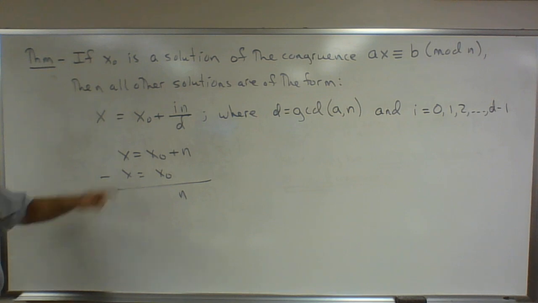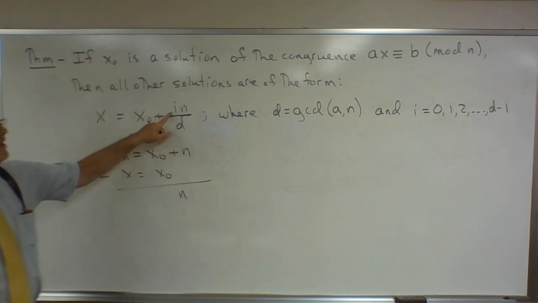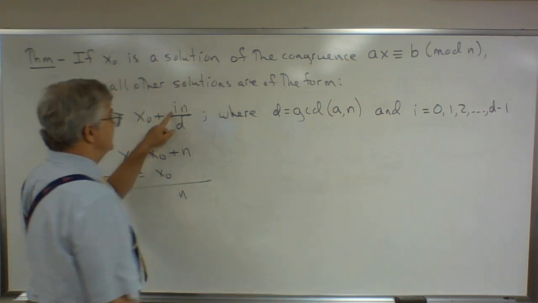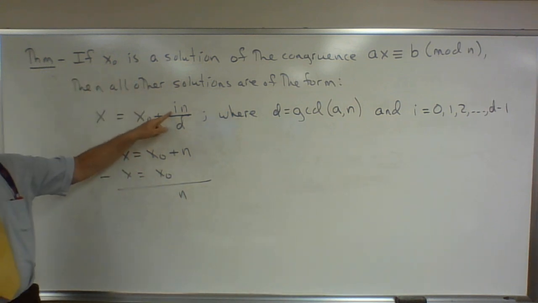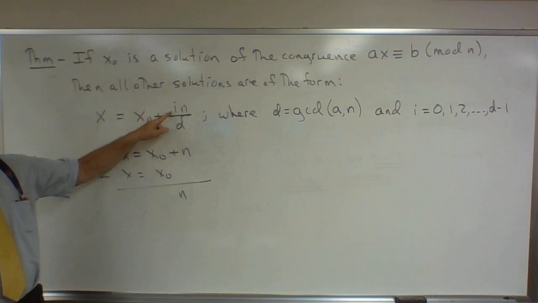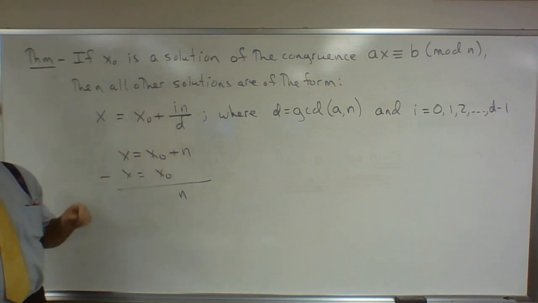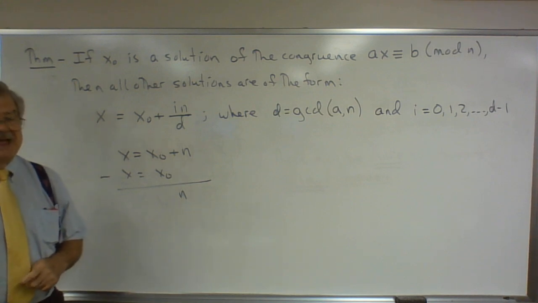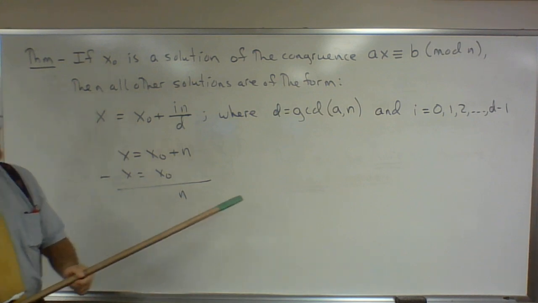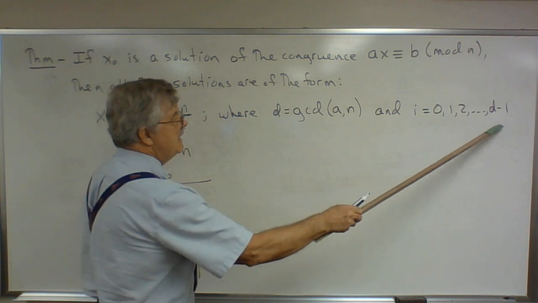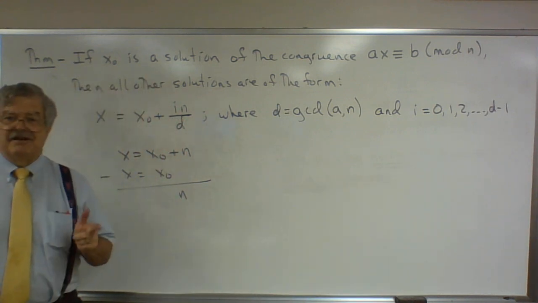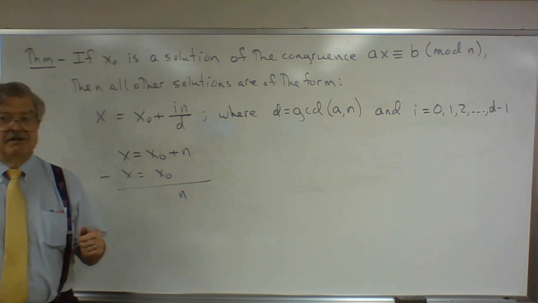So that's why up here, i has to stop at d minus 1. If i assumes the value of d and beyond, then we're just generating duplicate solutions modulo n. i equals 0 to d minus 1 generate distinct solutions modulo n.